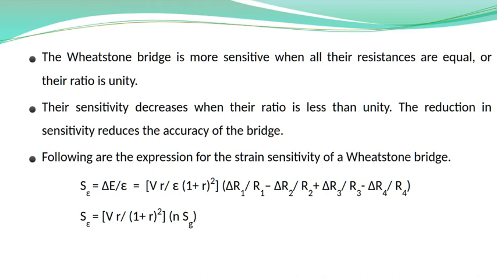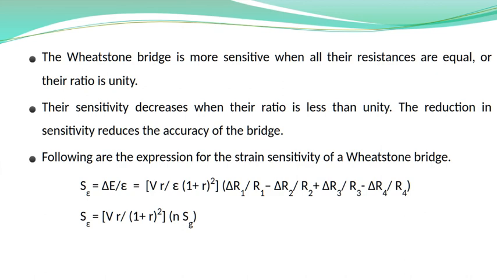Following is the equation describing the strain sensitivity of Wheatstone bridge, that is S epsilon is equal to delta E by epsilon, which is equal to r by (1 plus r) the whole square into (delta R1 by R1 minus delta R2 by R2 plus delta R3 by R3 minus delta R4 by R4) into V by epsilon.